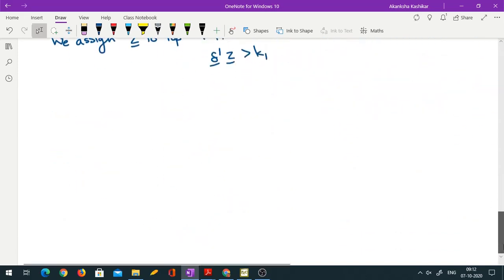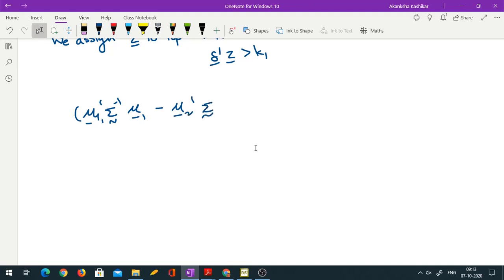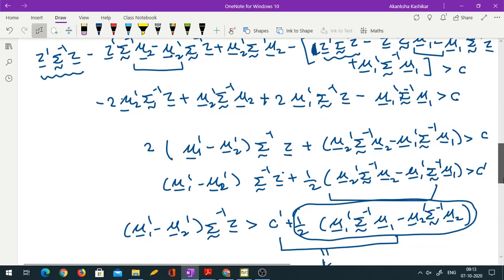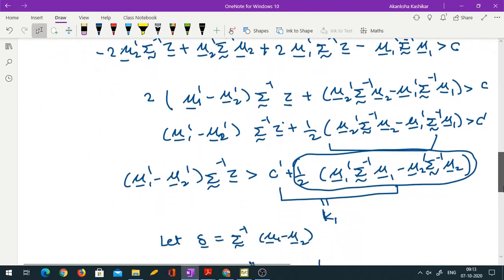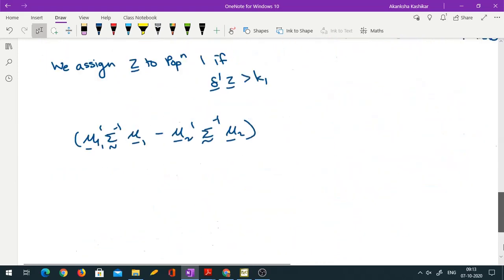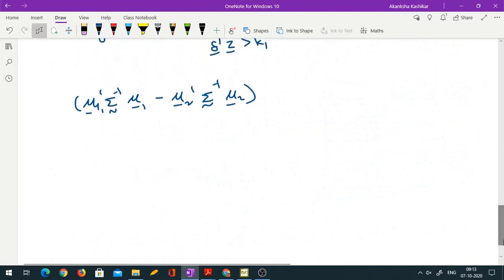Let me write that down. So the constant when it is on the right side is mu1 prime sigma inverse mu1 minus mu2 prime sigma inverse mu2. So when it is on the left side, it is mu2 prime sigma inverse mu2 minus mu1 prime sigma inverse mu1. So let me consider that form.